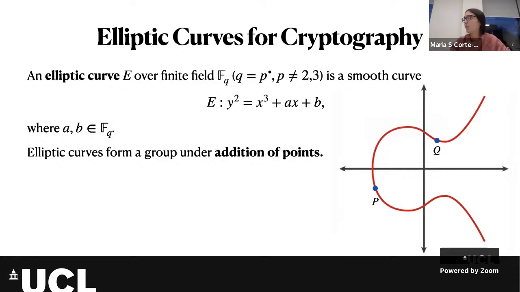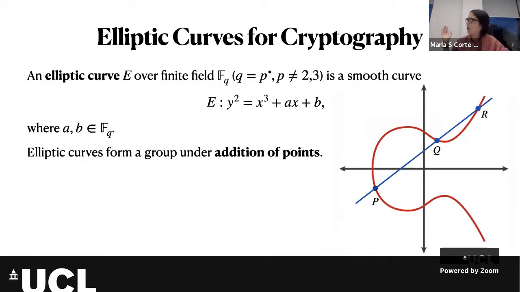The operation that you can work with on elliptic curves is the addition of points. If you have 2 points, P and Q, on your elliptic curve, and a point on your elliptic curve is just a pair X and Y that satisfies that equation, and you want to add them together, what you do is you find the line intersecting these 2 points, and this line will intersect the elliptic curve a third time.